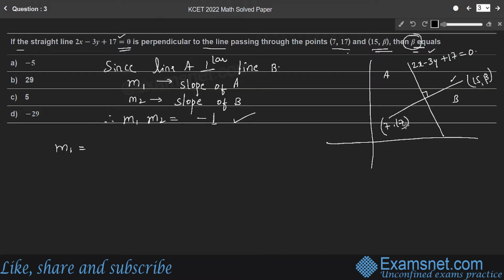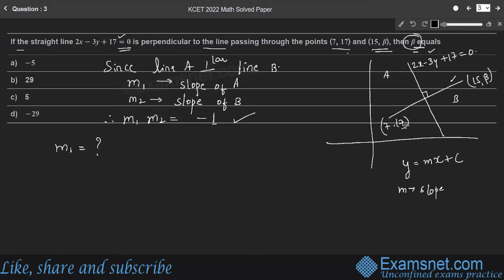So the first line is 2x minus 3y plus 17 is 0. Let us express the first line in the form y is equal to mx plus c. The general formula for a straight line is y is equal to mx plus c, where m is the slope of that line and c is a constant.